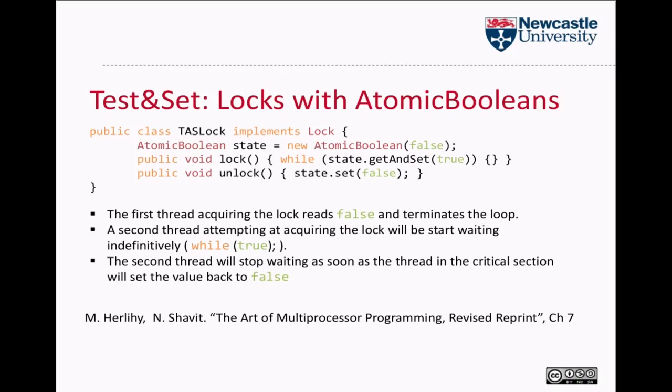Otherwise, if they were non-atomic, then the implementation might have been wrong. So the first process sees the state variable as being false. Given that it is false, I'm breaking from the while loop, and then I'm allowed to continue the computation. Any other process that will try to invoke lock will see the global state variable as being true, and so it's going to loop indefinitely in the while loop.